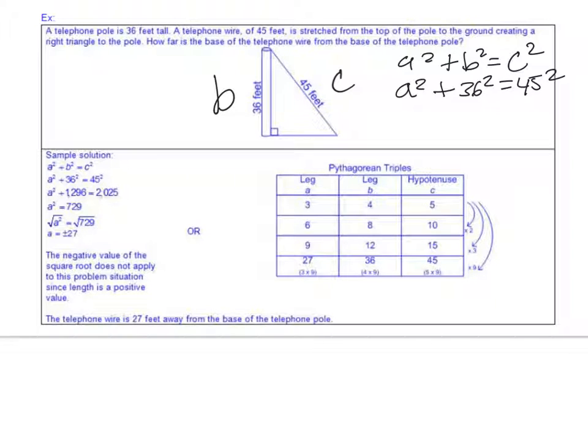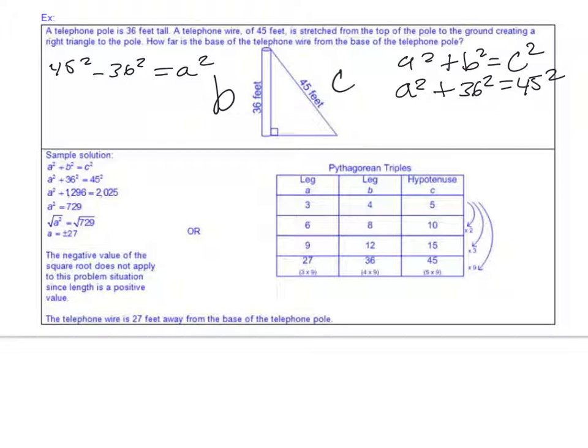Now, a student told me today in my 7th period that he had a different approach for doing this, and I really like it. So he says when you know c and you're solving for a leg, what you want to do is take c, in this case 45 squared, subtract from it the leg that you know, which is 36 feet squared, and that's going to give us our missing leg, which is a squared.